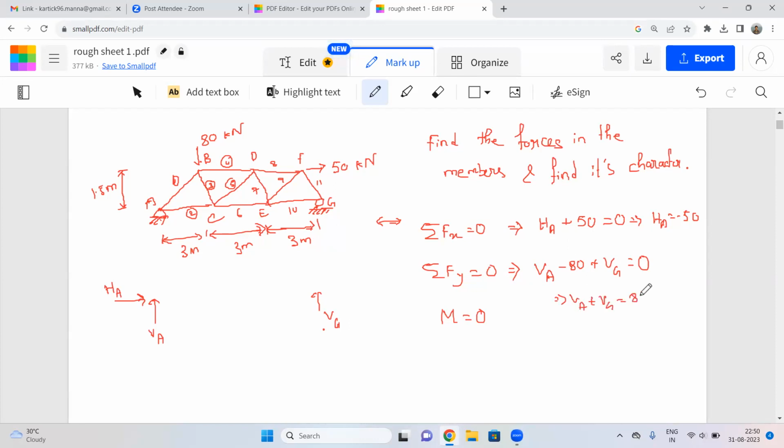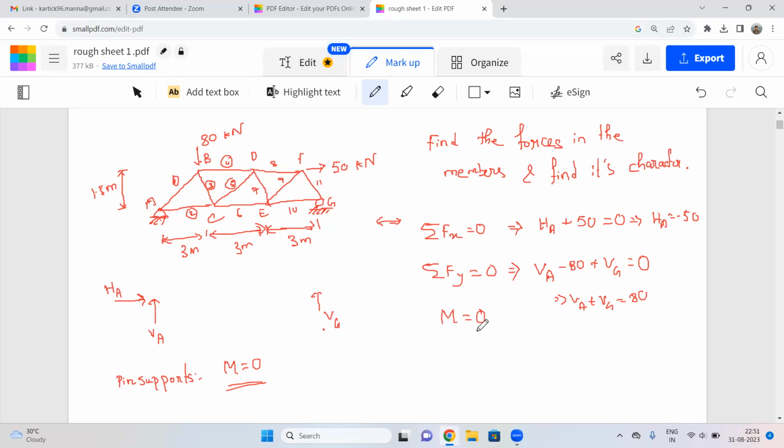Now what will be the moments? For a pin support the moment is 0, and also at a roller support. Only at a fixed support do we have some moment.